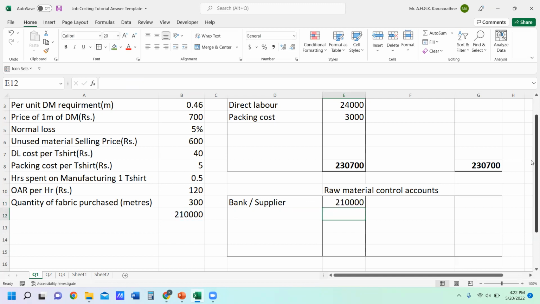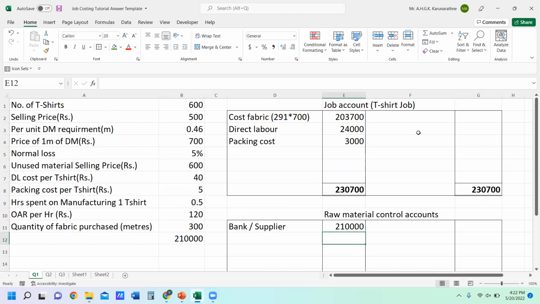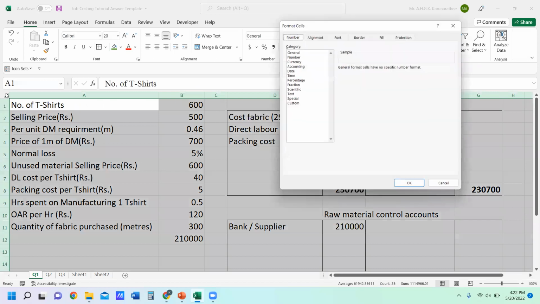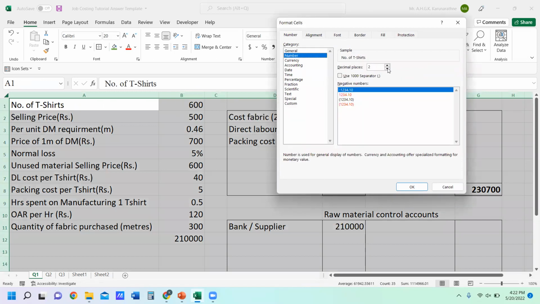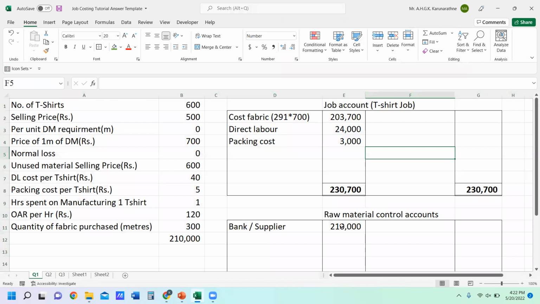With this raw material quantity, we raise an MRN, a material requisition note, for the raw material in the store's control account. The job manager or job supervisor will send the MRN, the material requisition note, from the store, asking to issue 291 of fabric to this job, let's say the t-shirt job.